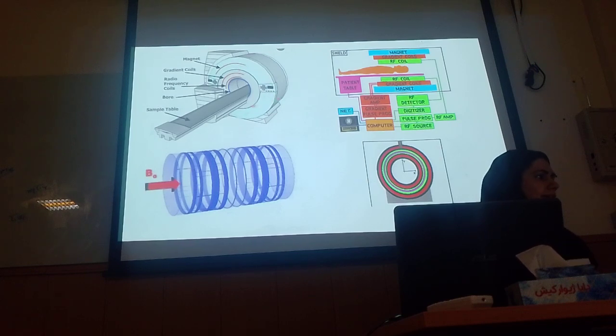We call this the gantry. This is the table of the MRI machine, and these are different buttons to move the table up, down, right, left, to set up the patient into the isocenter of the gantry. This is the gantry.